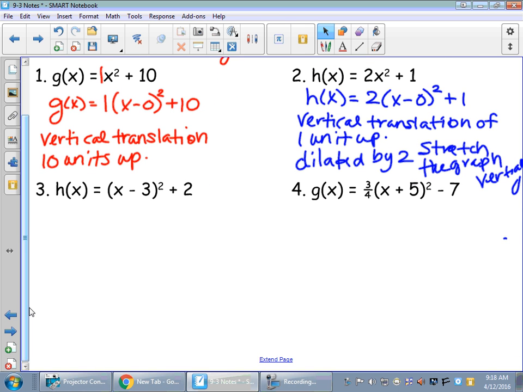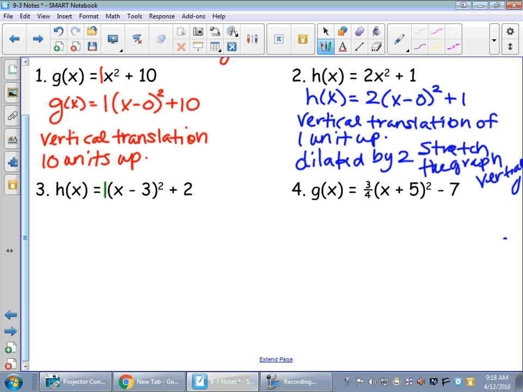In number 3, there is no A value, but there's an H and a K. So I'm just going to add the A value here as 1. And the only thing that's happening with this parent function is that it was translated. It's translated twice.